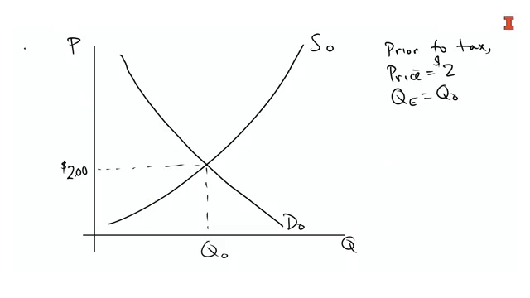Graphically, we draw that by saying that the new supply curve, we'll call this supply after tax, has been shifted vertically by exactly the amount of the tax. This is the amount of the tax, which in this case is equal to $1. This gap is the same gap. This is the amount of the tax, which in this case is a $1 vertical gap.